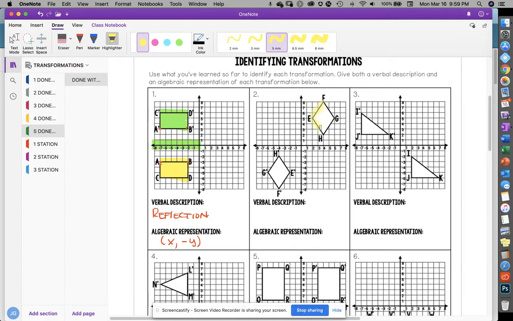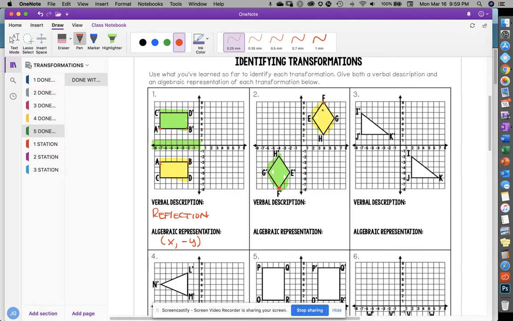This is my pre-image here. And this is my image here, my changed image. So I went from yellow to green. All right, so if I notice my F is here, and now it's down here.